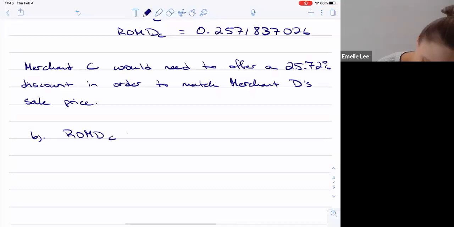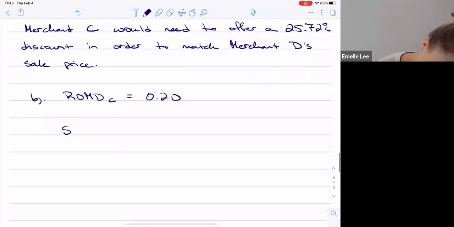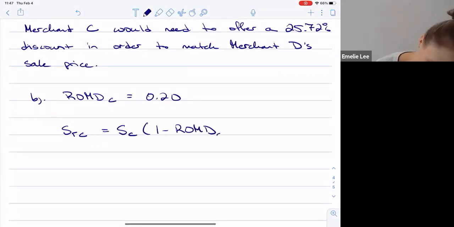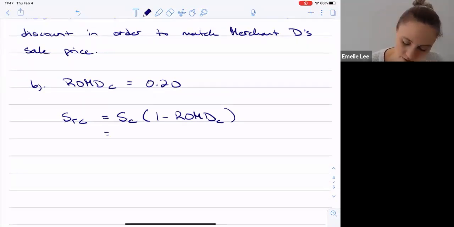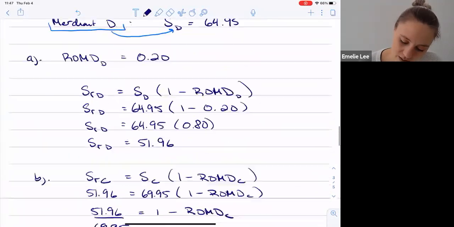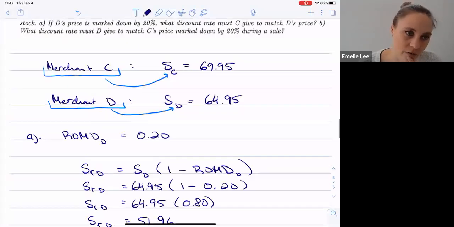We're told that the lambda for merchant C is 0.2. So the reduced selling price for C is the selling price for C times 1 minus the rate of the markdown for C. We need to find the new, reduced selling price. The original selling price was $69.95.